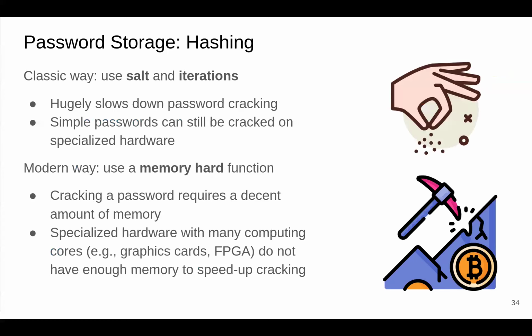Now, a classic way of mitigating the issue of short passwords and reuse of the same password across multiple sites is to use salt and iterations. One of the issues we are facing is that humans only remember short, simpler passwords, which very likely can be cracked fairly easily.